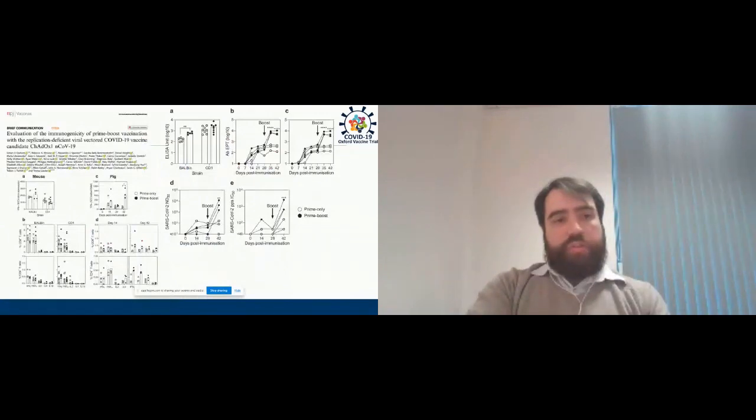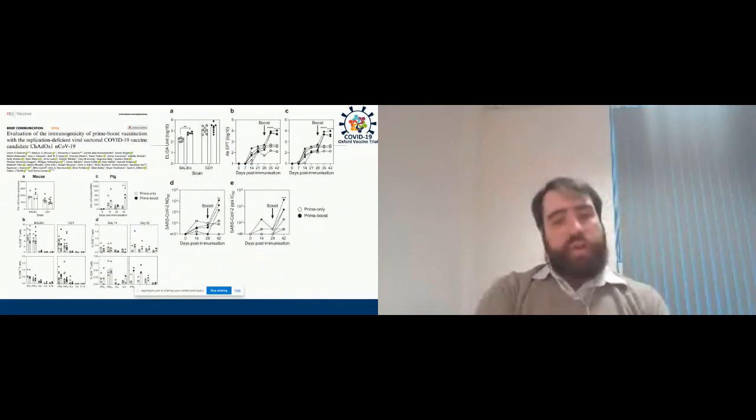Here I'm quickly showing that we've done quite extensive preclinical work on our vaccine, and one of the studies we did was in pigs, which was the first time that we tested a 2-dose scheme of our vaccine.